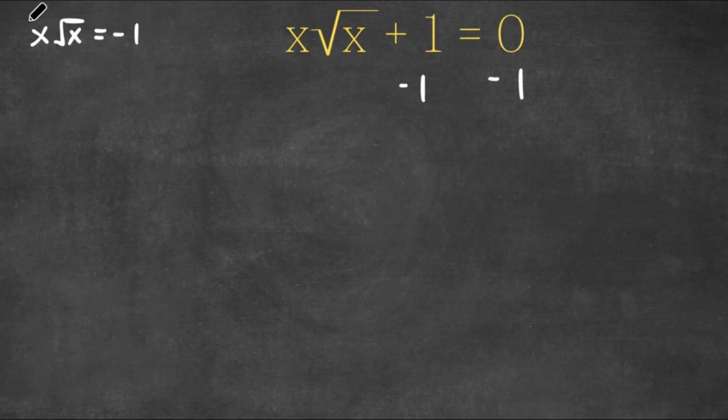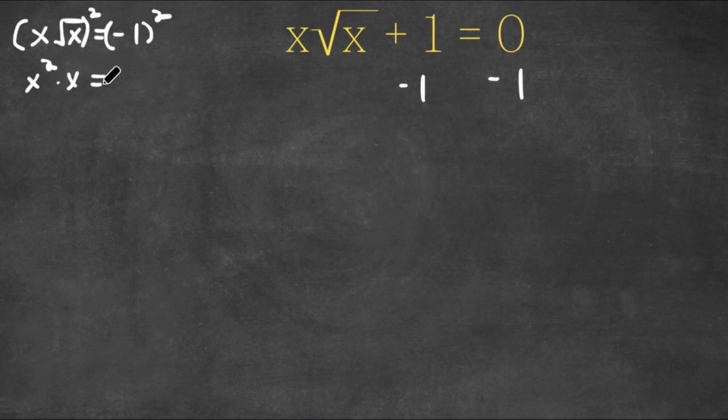Now I'm going to go ahead and square both sides. Now, x times the square root of x, squared: well, x squared is simply x squared, so we have x squared times the square root of x squared, which is simply x.